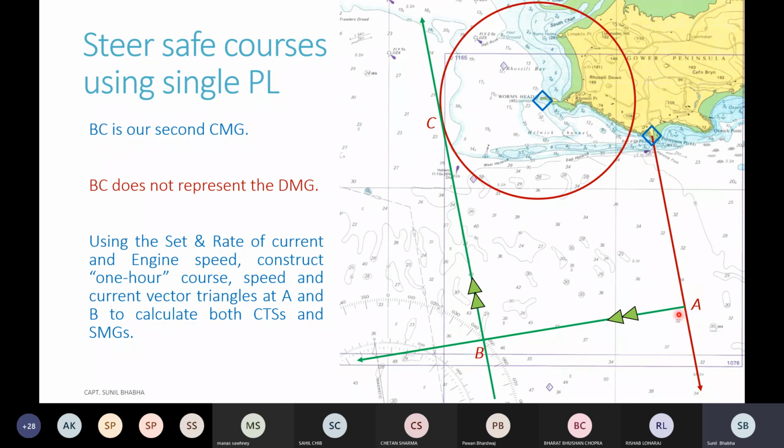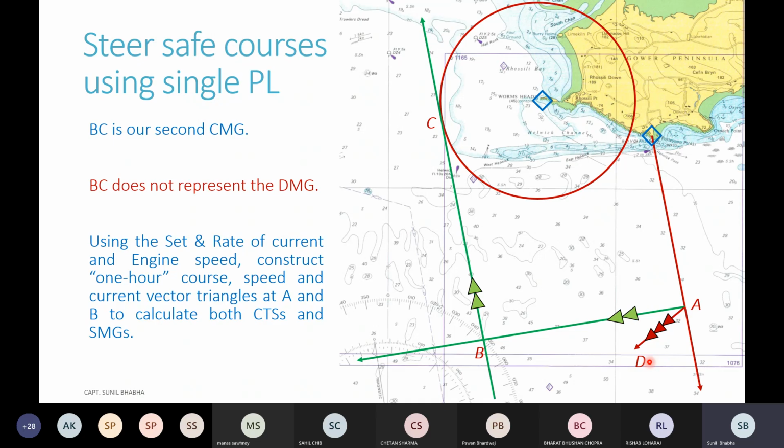We will first construct this triangle at point A. First of all, from point A, I'm going to mark my current vector. This is the direction of the current which was given to us. Current is represented by 3 arrows, so let's mark it with 3 arrows. The point where the current vector ends, let's name it point D. So AD is the current vector.